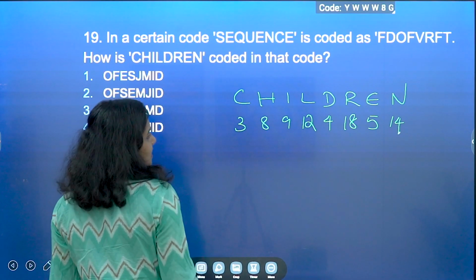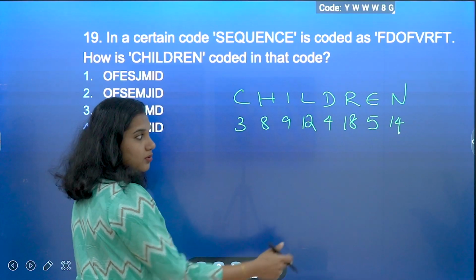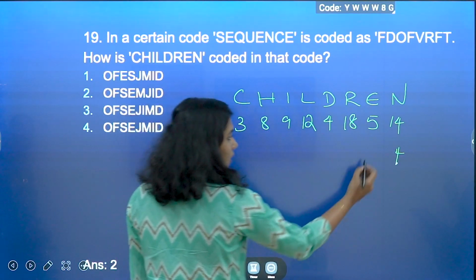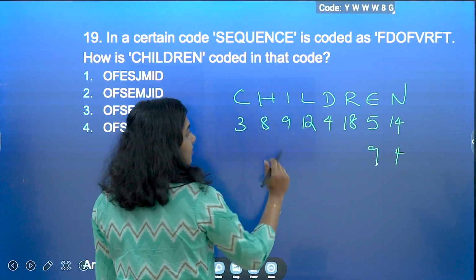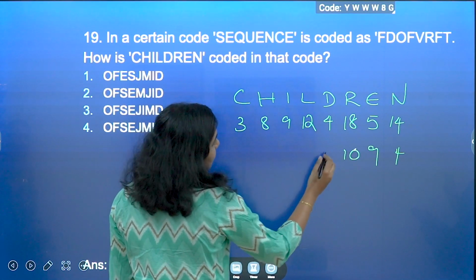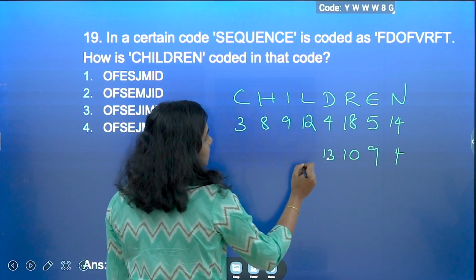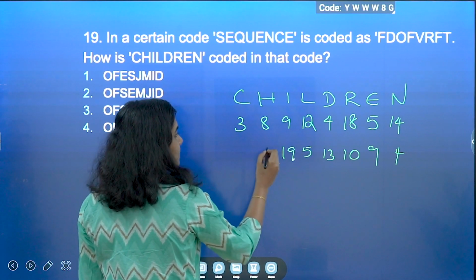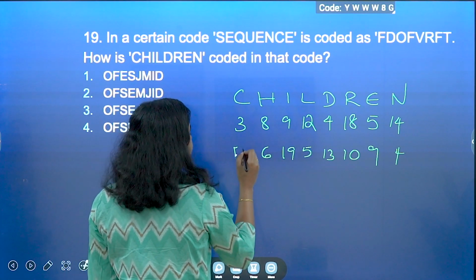So 3 plus 1 is 4, write it here. 8 plus 1 is 9. 9 plus 1 is 10. 12 plus 1 is 13. 4 plus 1 is 5, 18 plus 1 is 19, 5 plus 1 is 6 and 14 plus 1 is 15.